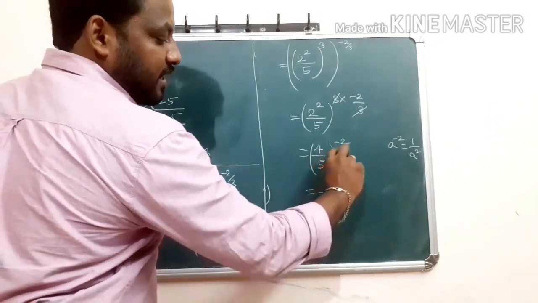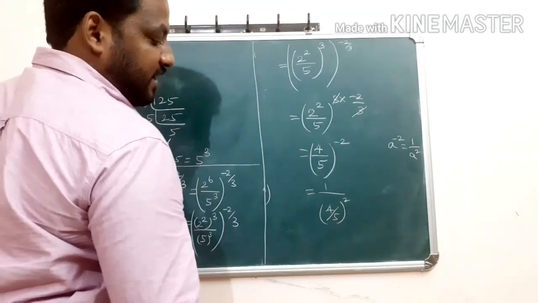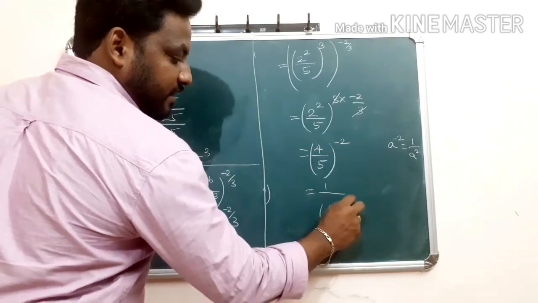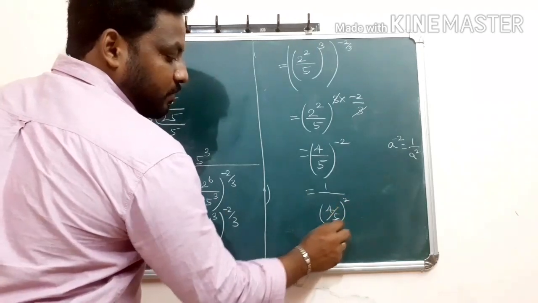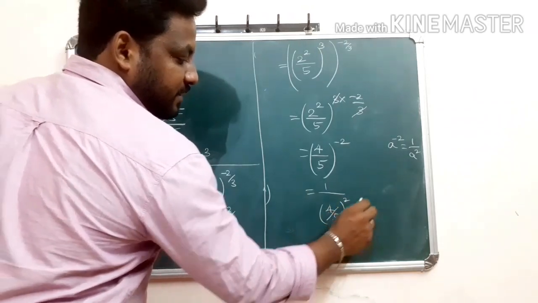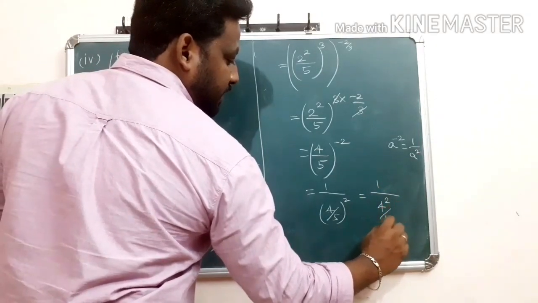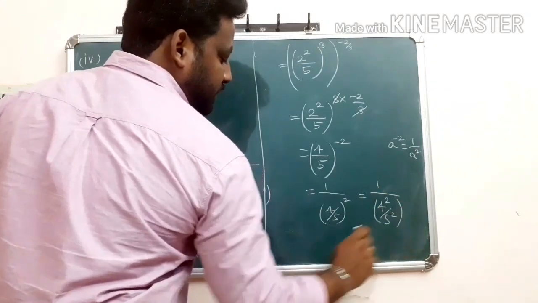Minus 2 will come into the denominator and change into the plus value. So 4 by 5 the whole square means the square applies to both numbers. This would be written as 1 by 4 square divided by 5 square. So what is that 4 square?